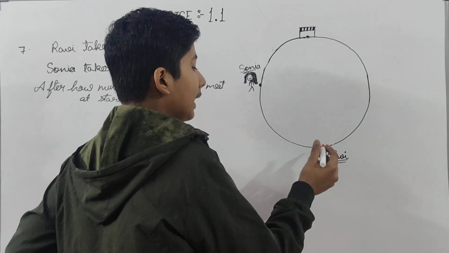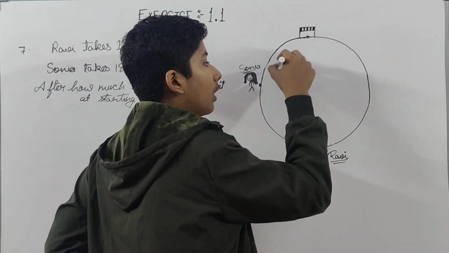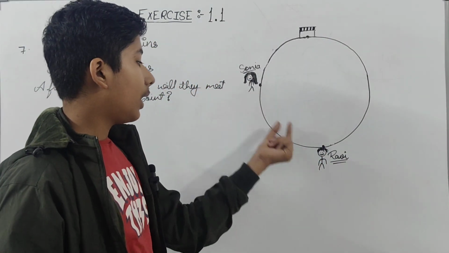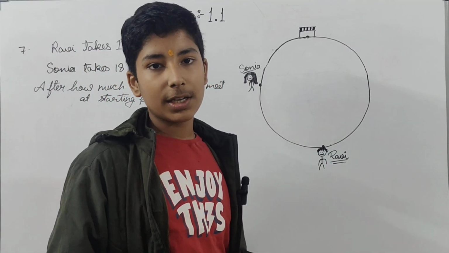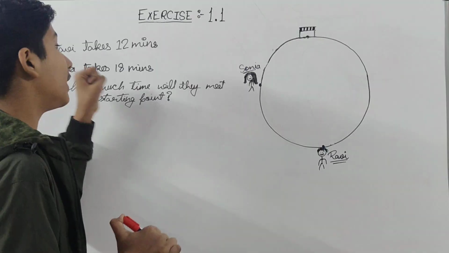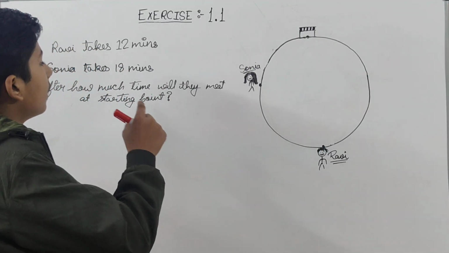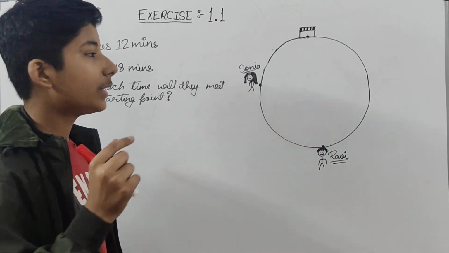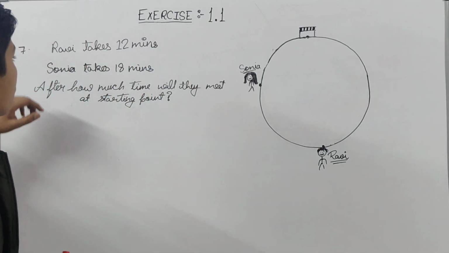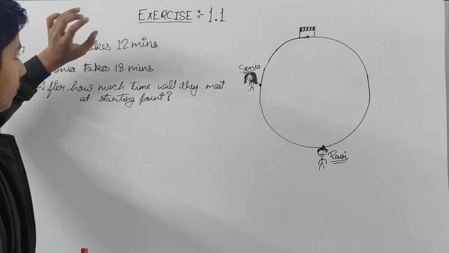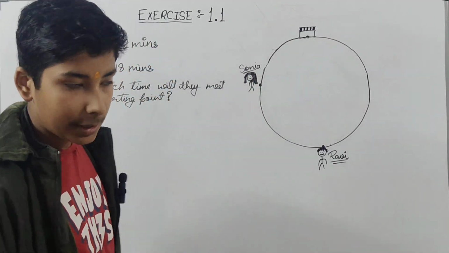He covers one round in 12 minutes, she covers it in 18 minutes. To meet each other at the starting point, we have to find the lowest common multiple, which means the lowest number that can be divided by both 12 and 18, and at that time they both will meet at the starting point.